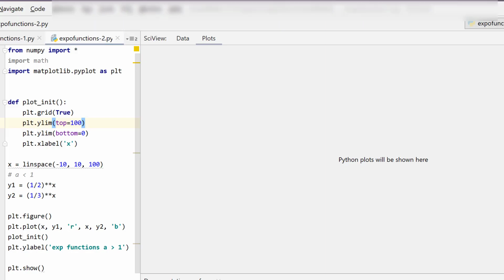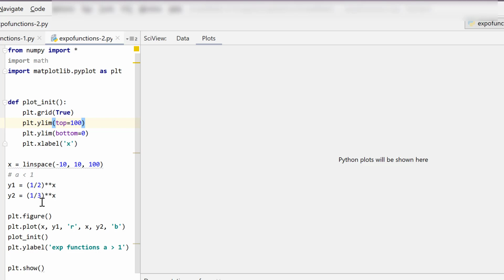So here's our Python script. If we look at the first few lines, again, we're just importing NumPy, math, and matplotlib. We're defining our function. Nothing has changed. This time, again, our y limit, our upper limit, is going to be 100. Our x will go from -10 to 10, linearly spaced with 100 points.